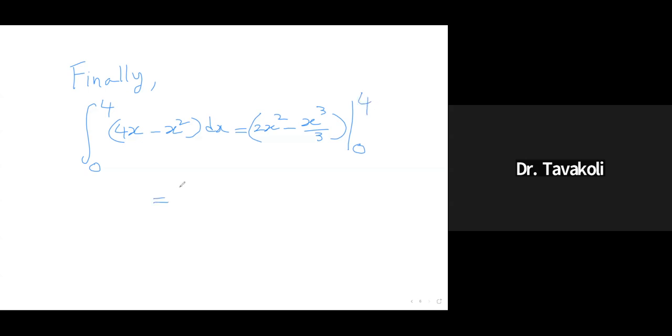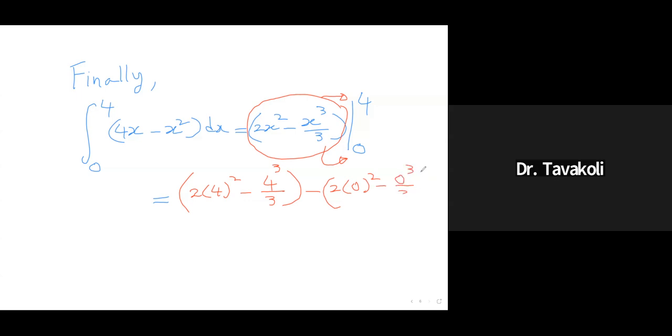This means evaluate this at 4, which is 2 times 4 squared minus 4 cubed over 3, minus the evaluation of this function at 0, meaning 2 times 0 squared minus 0 cubed over 3.